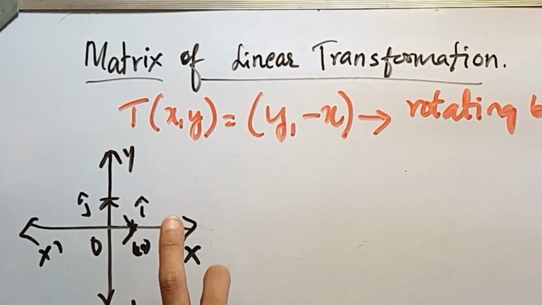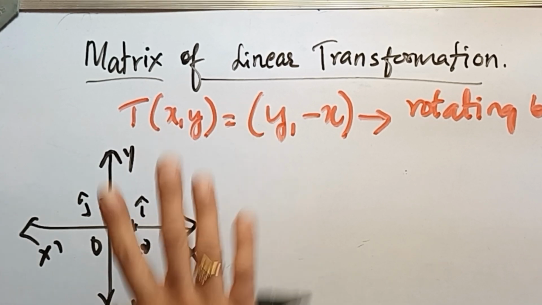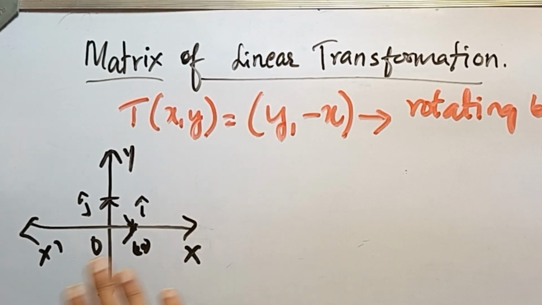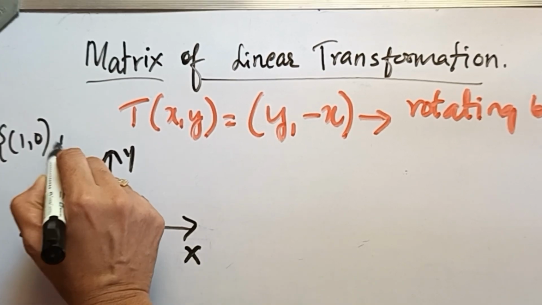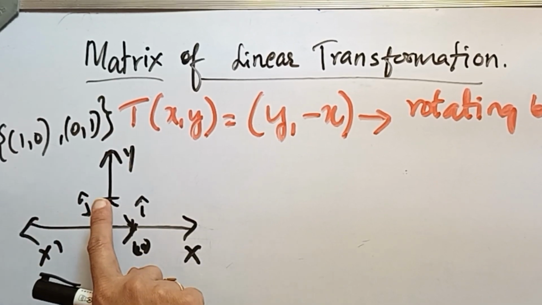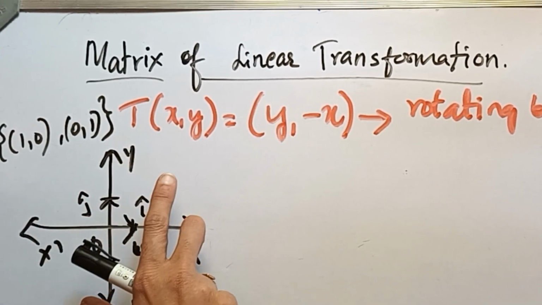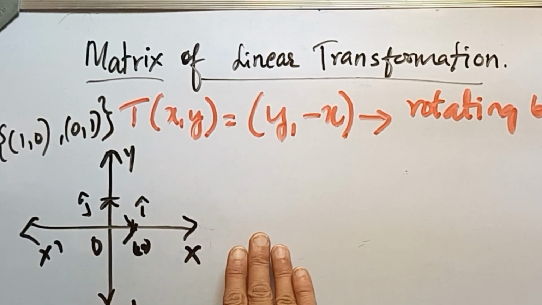This is our standard coordinate system. Whenever we are dealing with coordinates, we usually use this coordinate system. Here the basis is (1, 0) and (0, 1). These two are linearly independent. In the plane, in R square, any two vectors are linearly independent if they are not multiples of each other.